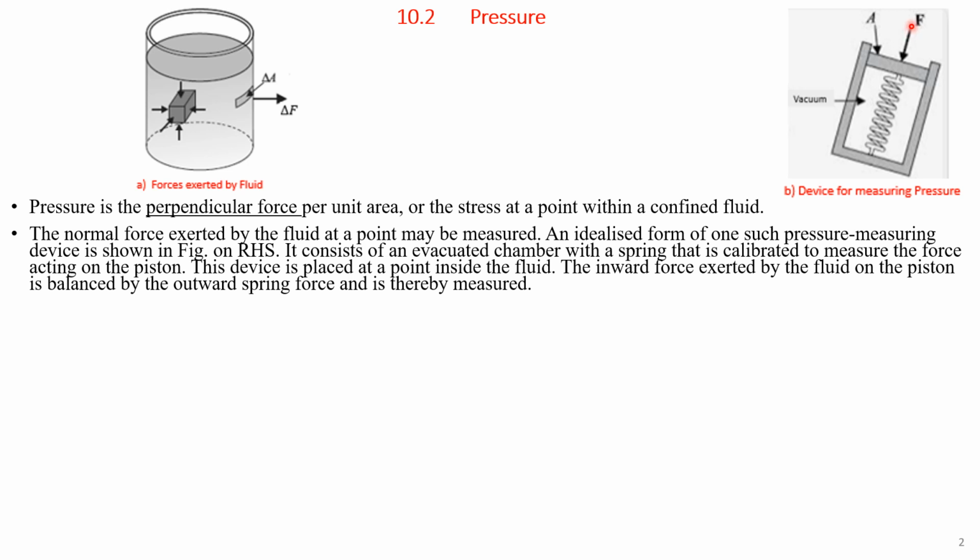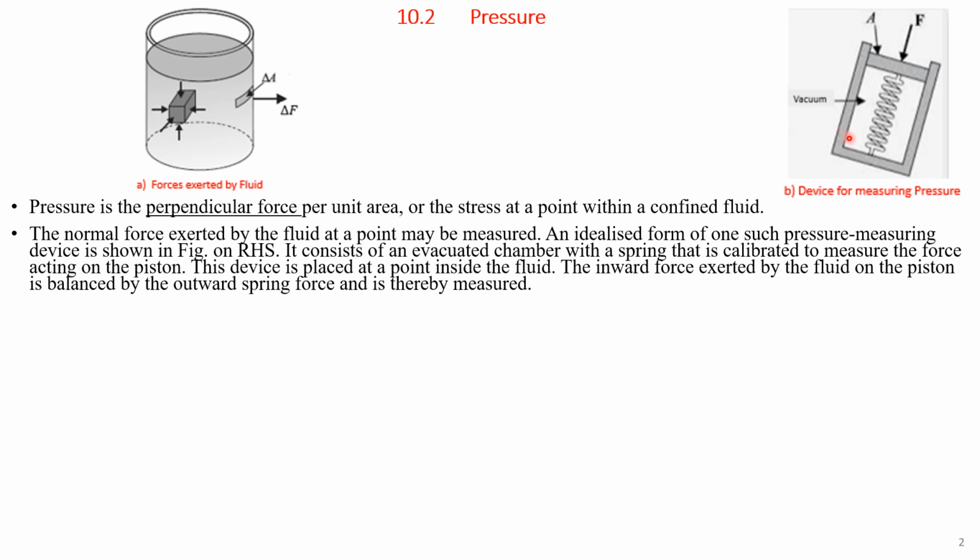That is, if we apply a force F on the piston, this spring shows the force acting on this piston. This whole device is placed at a point inside the fluid. This is the fluid area accommodating the piston and the spring.